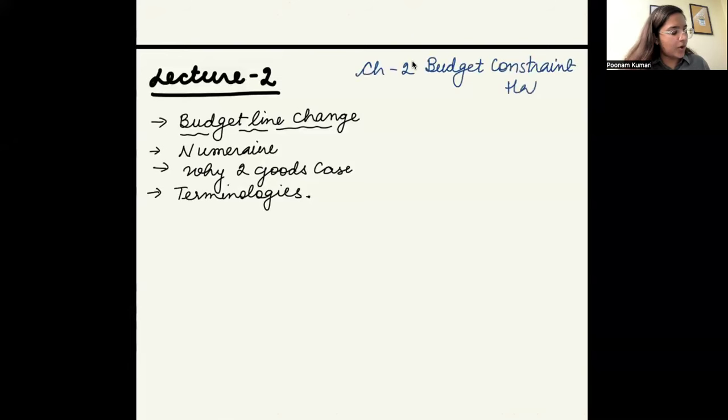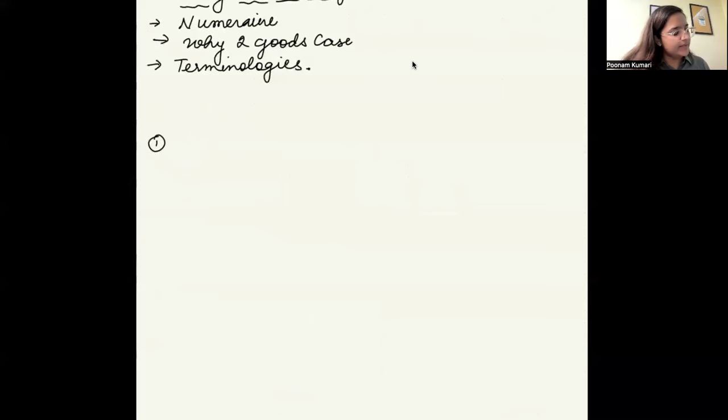The book is Varian. This is your reference material if you want to study that. Okay, so we saw what is my budget line. The set of bundles which are exactly costing me my income that I'm earning.